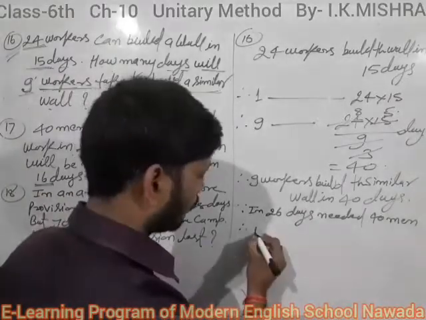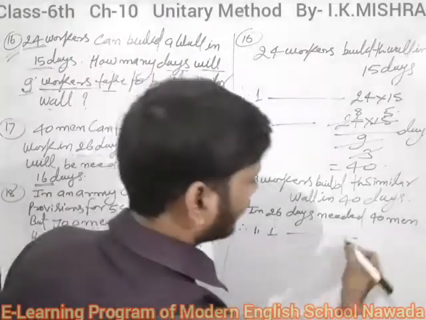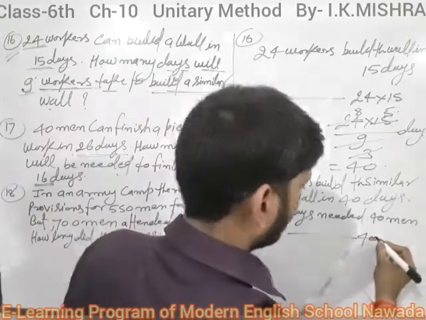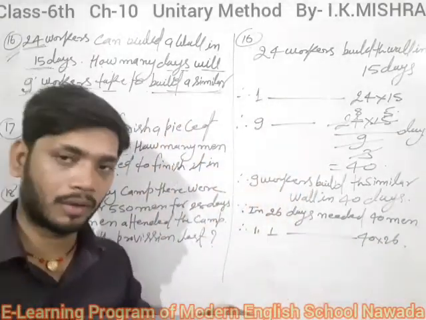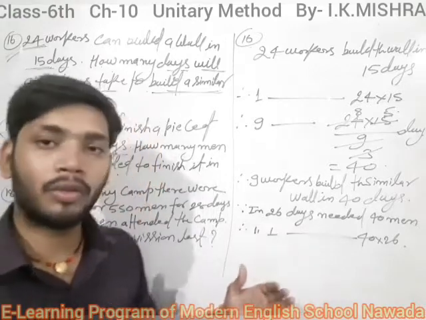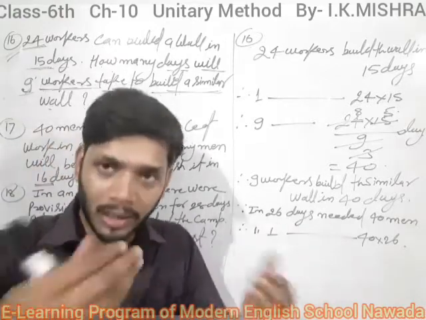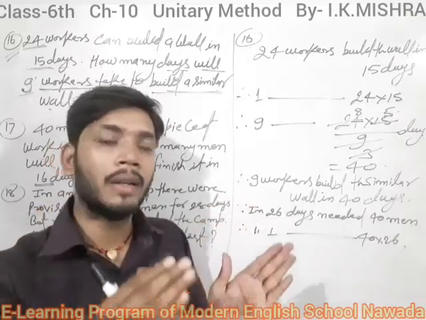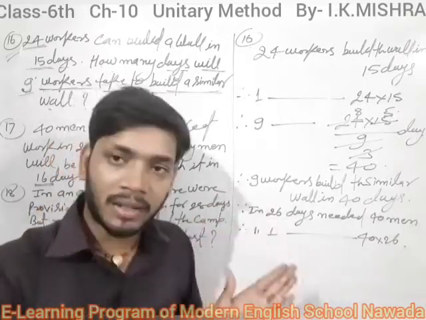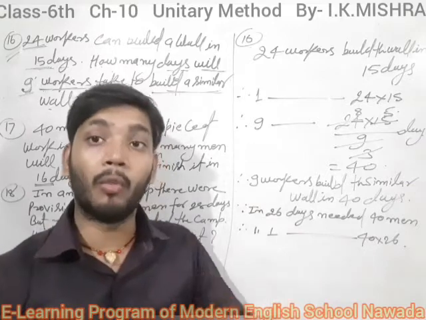So in 1 day needed 40 into 26, because students, this is also an inverse variation condition. When you work more days, fewer workers are required. When you complete the work in fewer days, you require more workers.